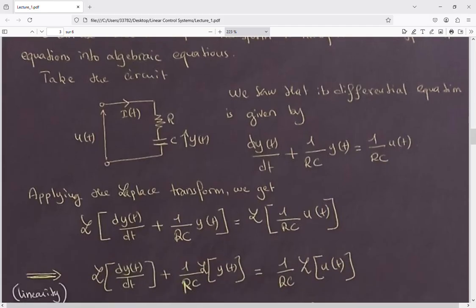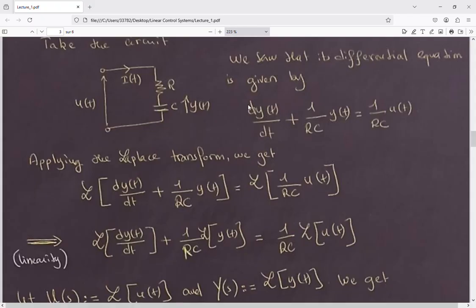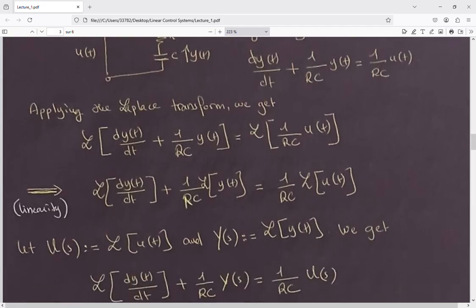Now, what I will do is apply the Laplace transform at the left-hand side of the equation and at the right-hand side of the equation. So I get the Laplace transform of the left-hand side is equal to the Laplace transform of the right-hand side. Next, I will apply the first property of the Laplace transform, which is linearity. So the Laplace transform of this term is the Laplace transform of the first term plus, since this is a constant, I take it out, 1 over RC times the Laplace transform of y of t.